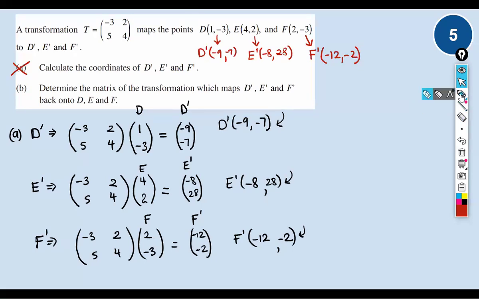So what they want you to do here is reverse the process. They want to know that if this matrix went from the black values to the red values, let's say you wanted to reverse the process and get back your original values.